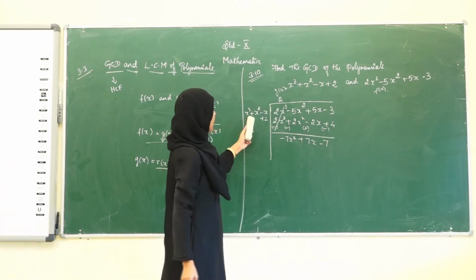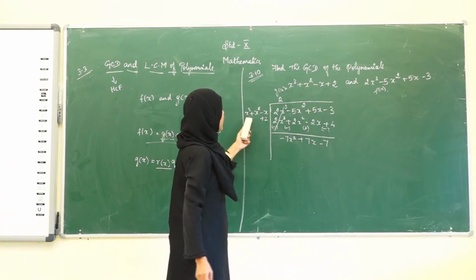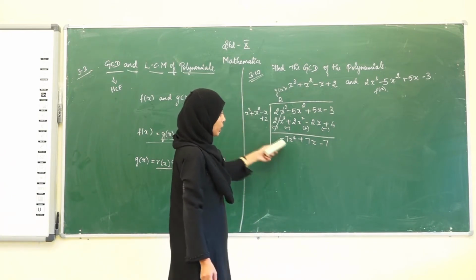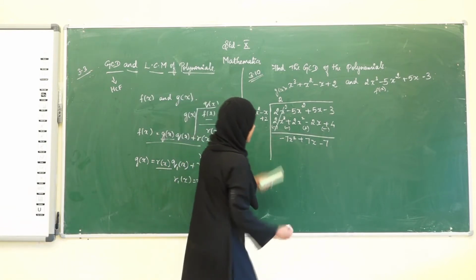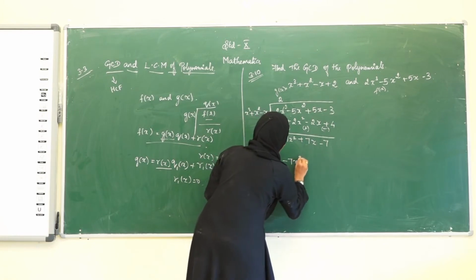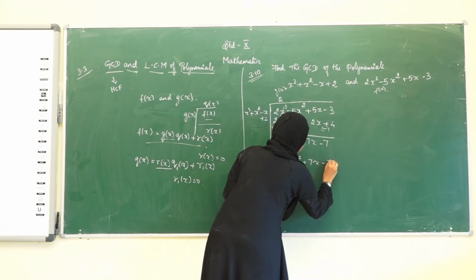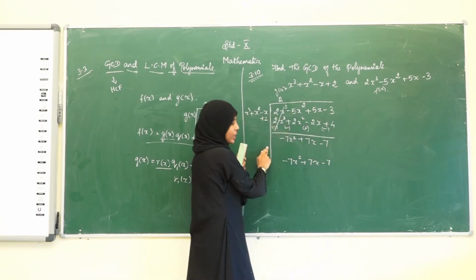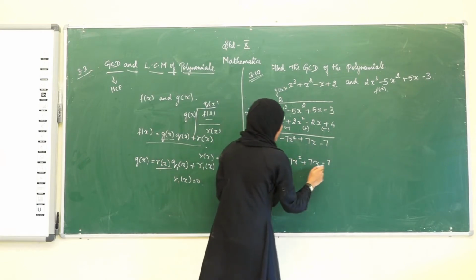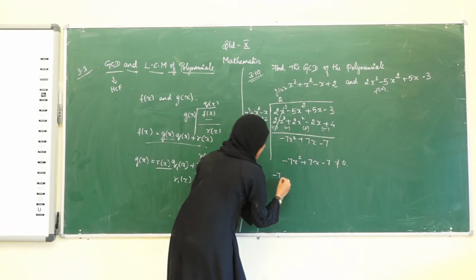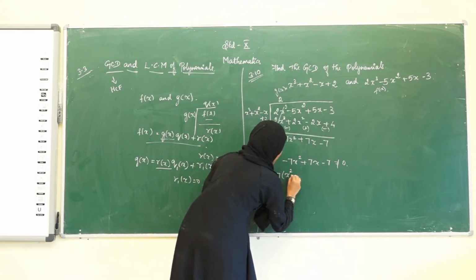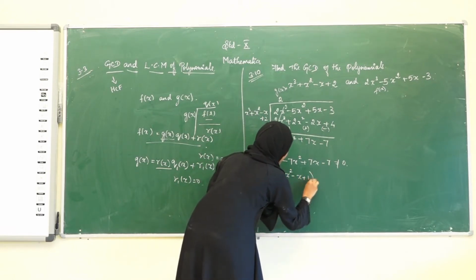See here, the degree of this is less than the divisor, so we have to take this out. That is minus 7x square plus 7x minus 7. This is the remainder of this long division, which is not equal to 0. This can be written, taking minus 7 out as common, as x square minus x plus 1.